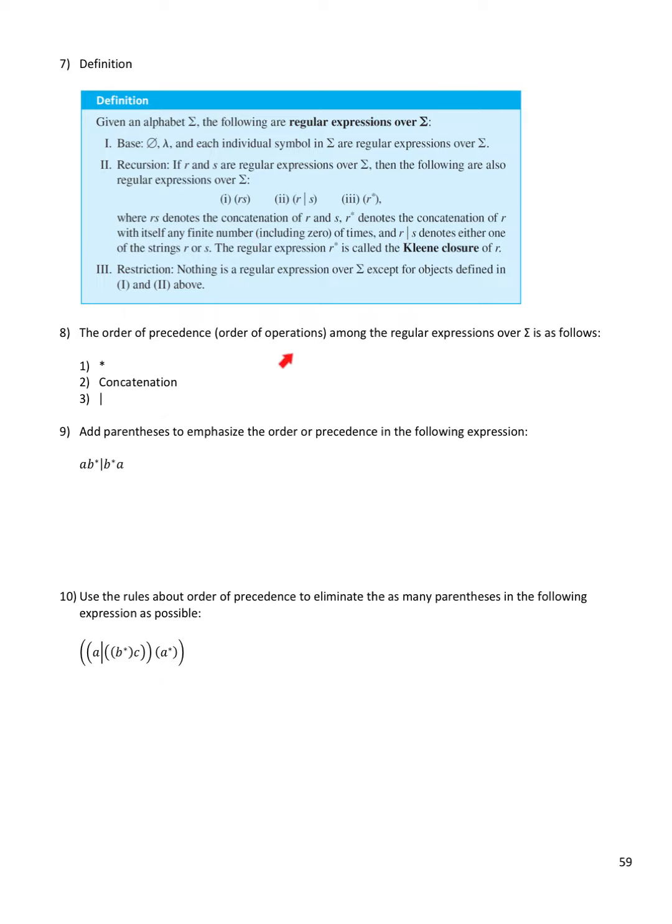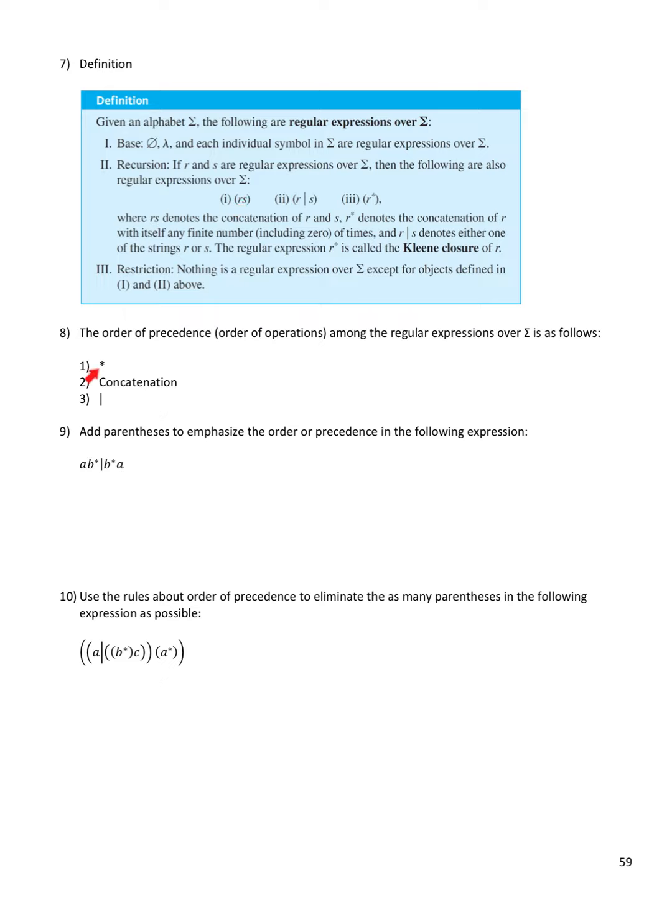The order of precedence, also known as the order of operations, among the regular expressions over sigma is as follows. These are my regular expressions: the closure, which is when you concatenate a string with itself any finite number of times; either of the strings R or S; and concatenation, RS.